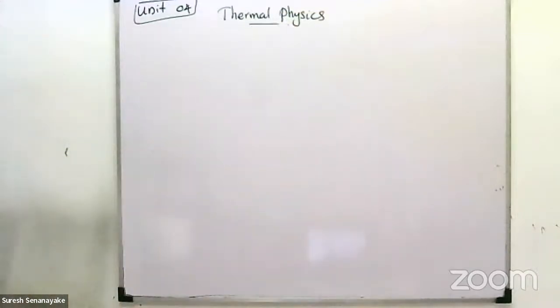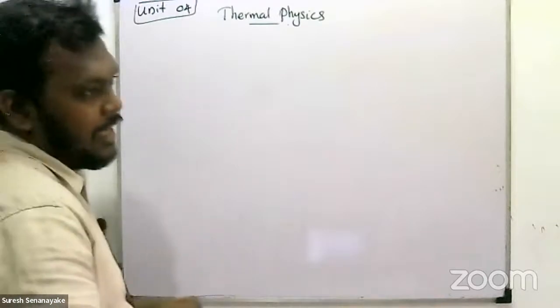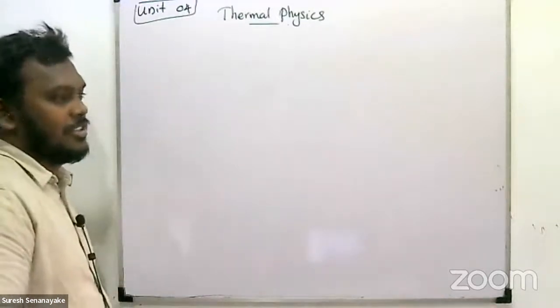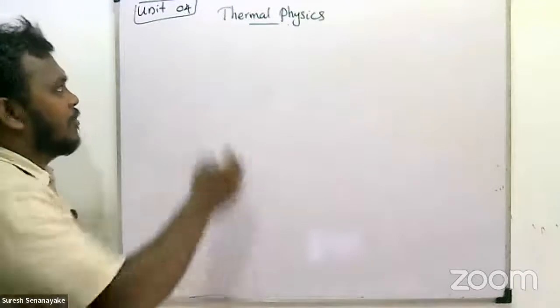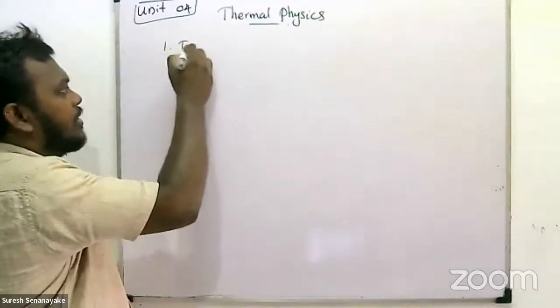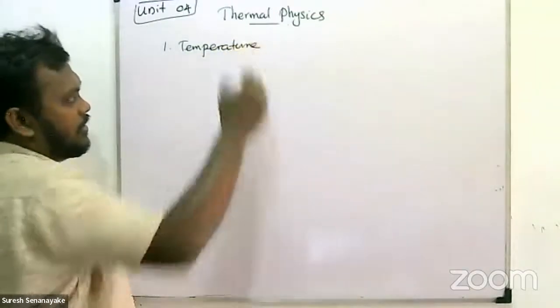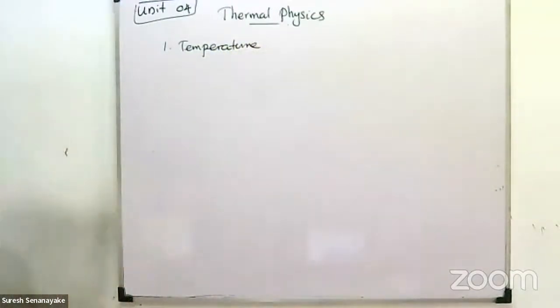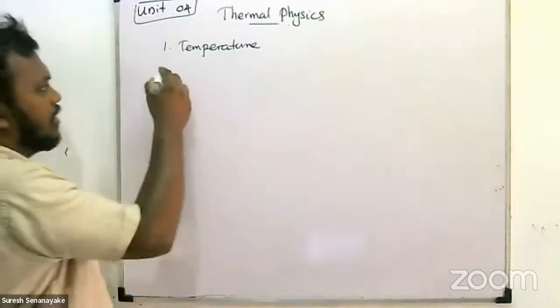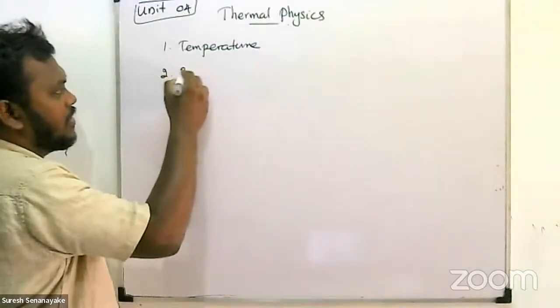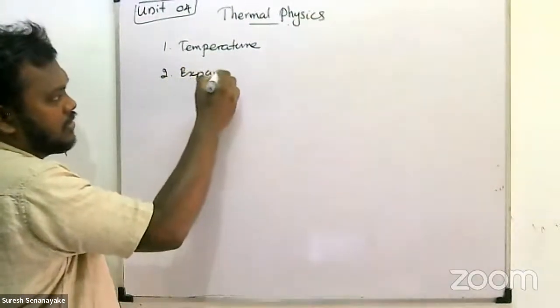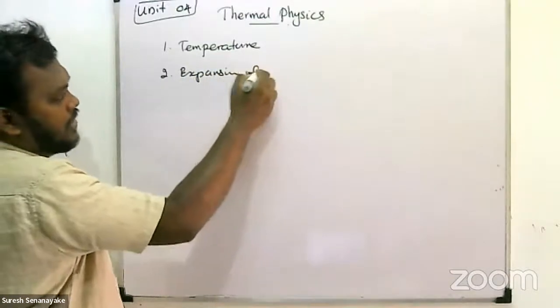Thermal physics 1. This lesson consists of 8 sections. First, we need to discuss the temperature: what is temperature and how is it measured, and what are temperature scales. Second is expansion of solids and liquids.